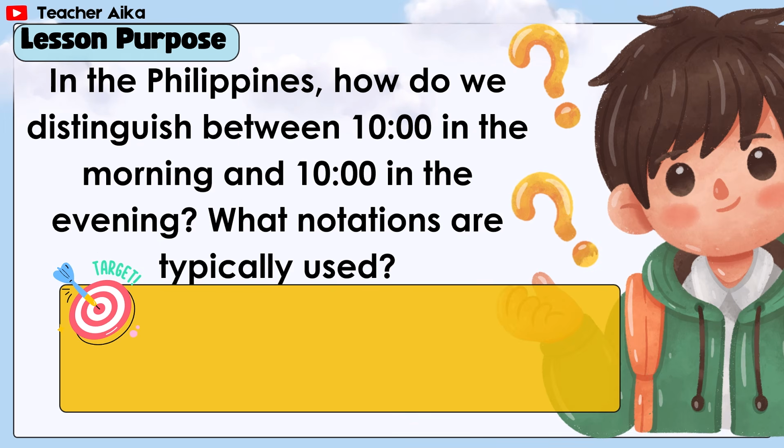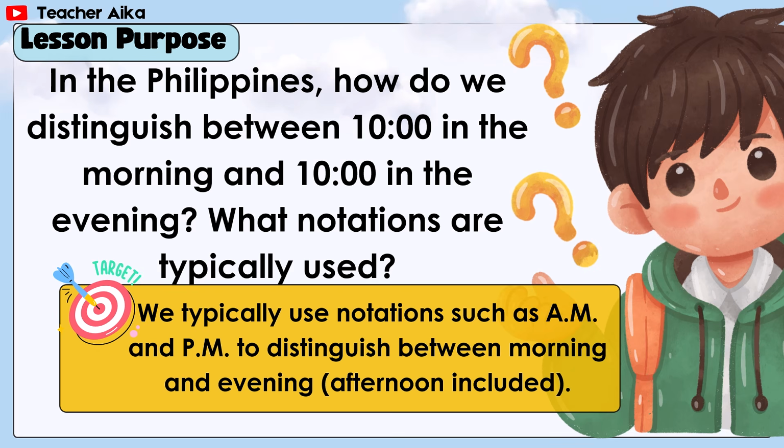In the Philippines, how do we distinguish between 10 o'clock in the morning and 10 o'clock in the evening? What notations are typically used? The answer, we typically use notations such as AM and PM to distinguish between morning and evening, afternoon included.